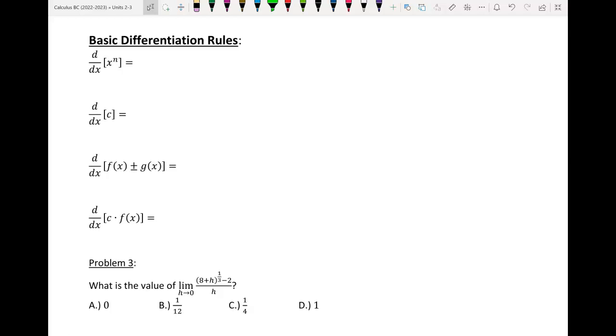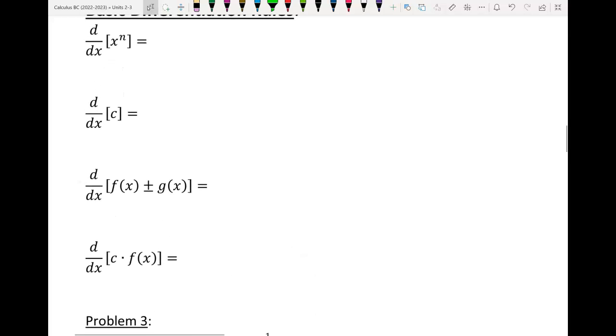Okay, basic differentiation rules. So these are our basic ones. We should know these. X to the n. What's the derivative of x to the n? To the what? n minus 1. Good. What's the derivative of c?